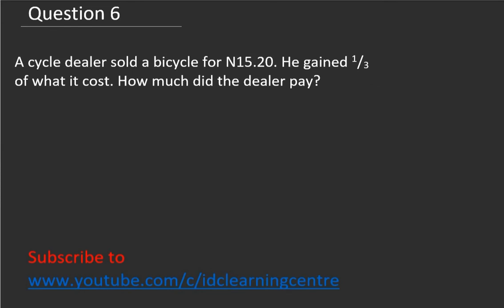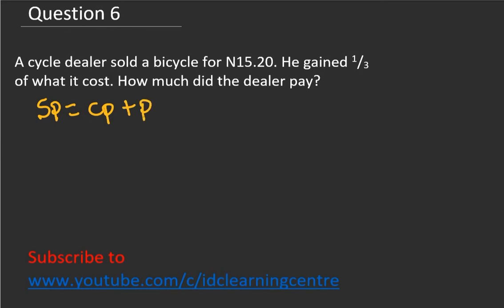Question 6. A cycle dealer sold a bicycle for 15 naira 20 kobo. He gained 1/3 of what it cost. How much did the dealer pay? For profit and loss, selling price is always equal to cost price plus profit.